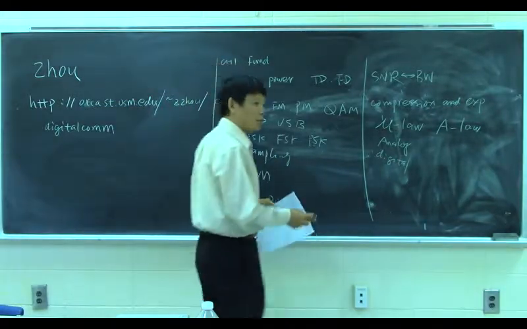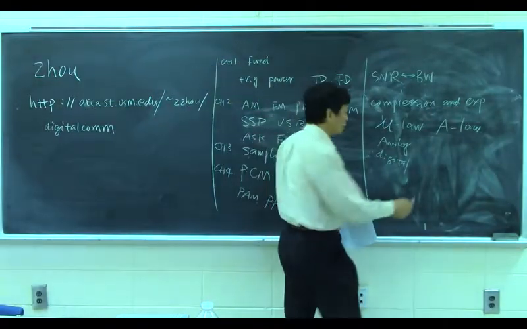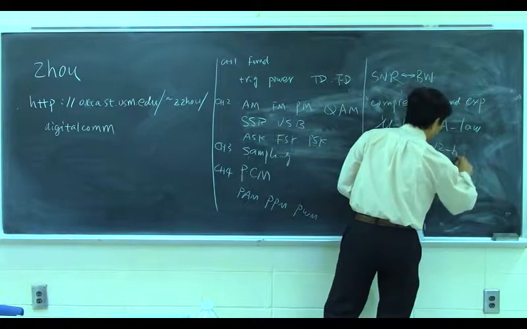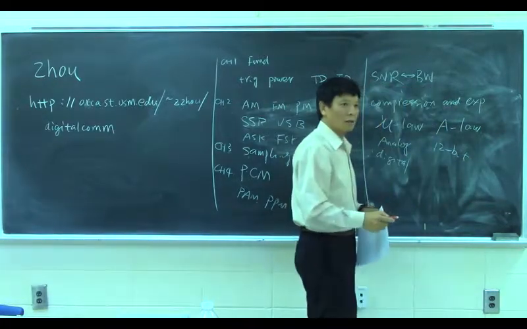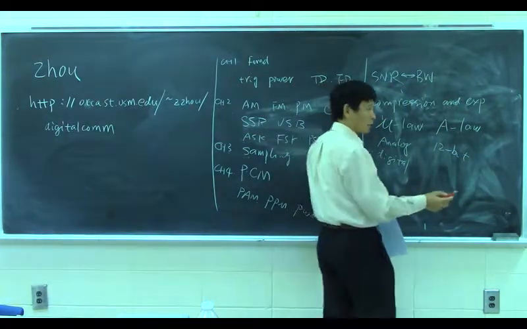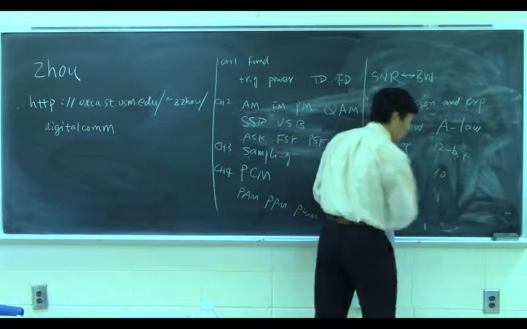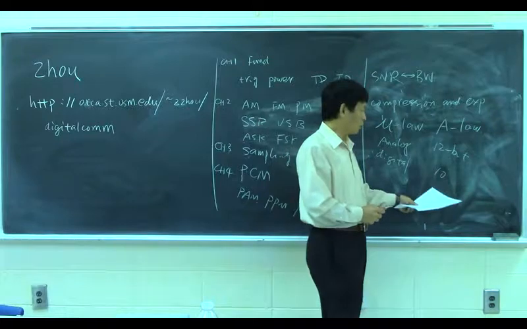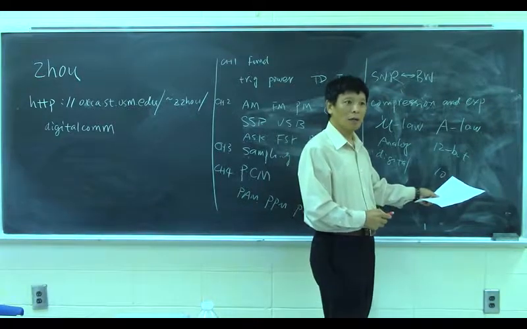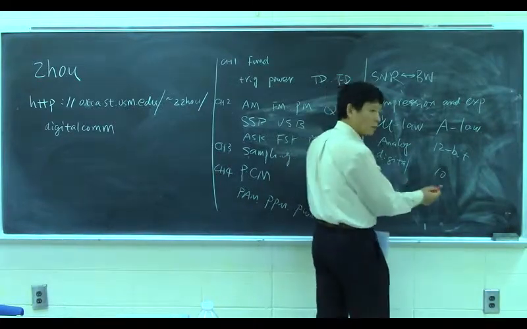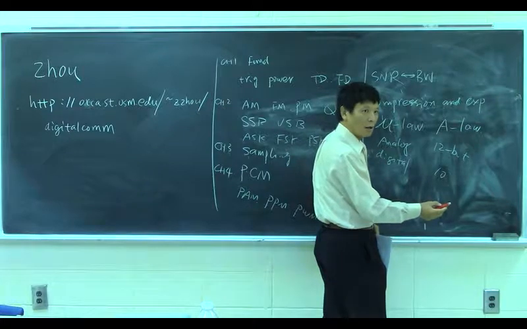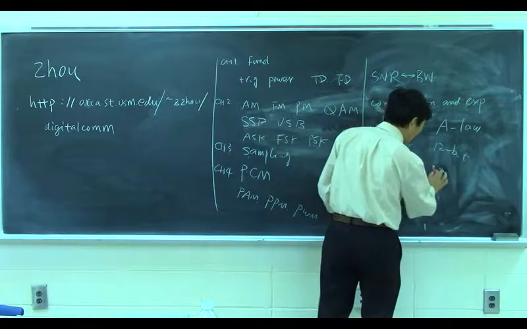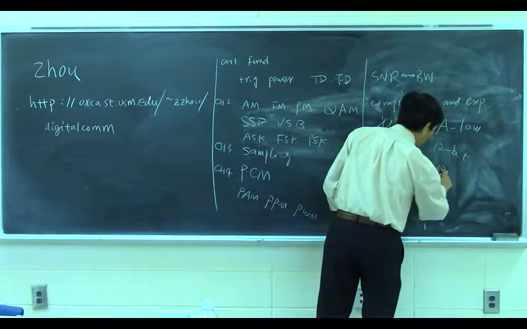A typical example is that once you sample the data, you get, for example, 12 bits of data. For example, if you want to transmit 10, this is decimal 10. We convert it into binary. Okay, we do not use 10, we use 13.